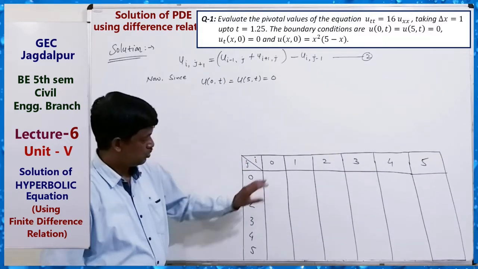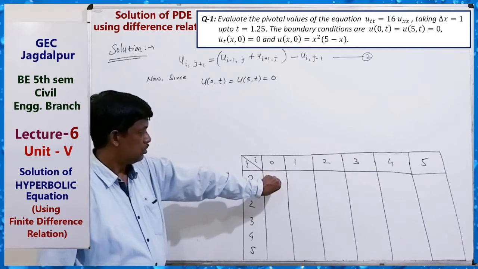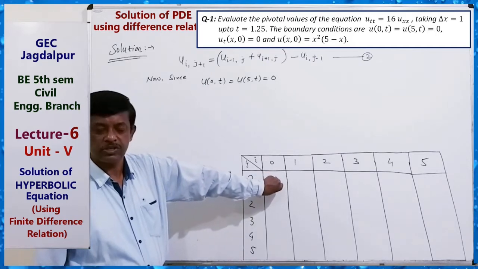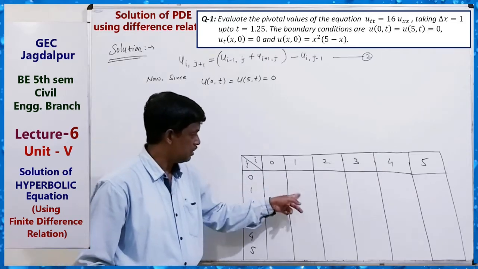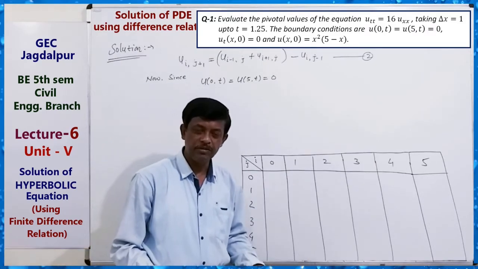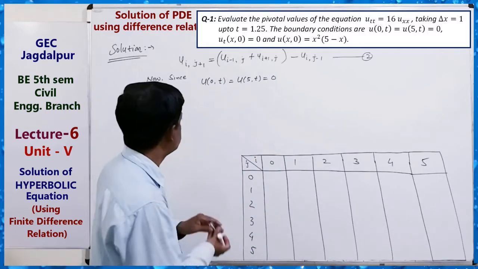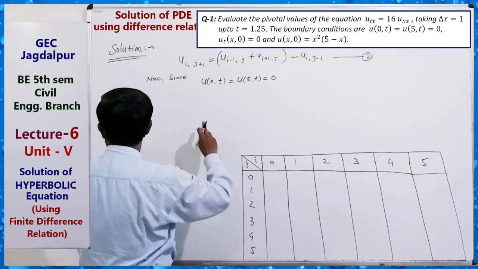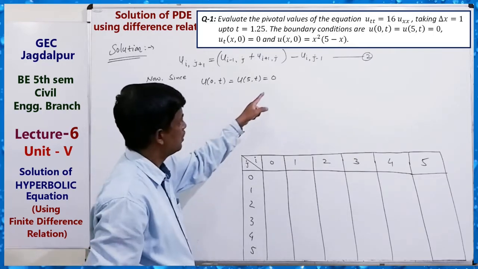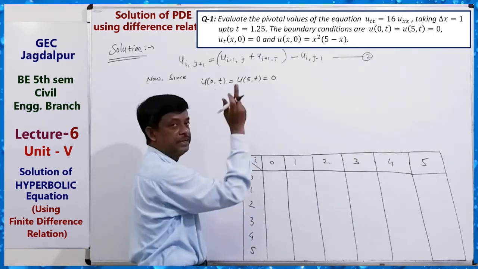The first two rows' values we can find by using the given conditions. Here t means j.